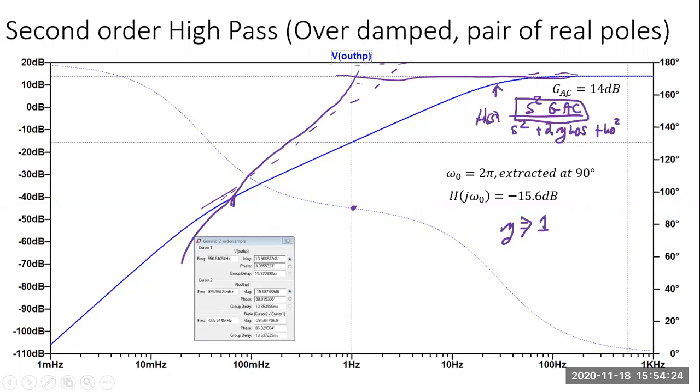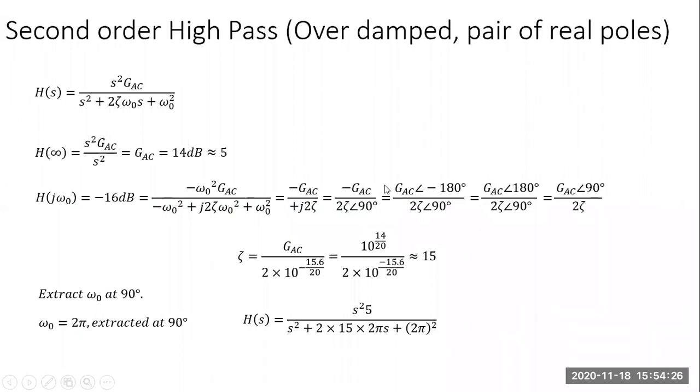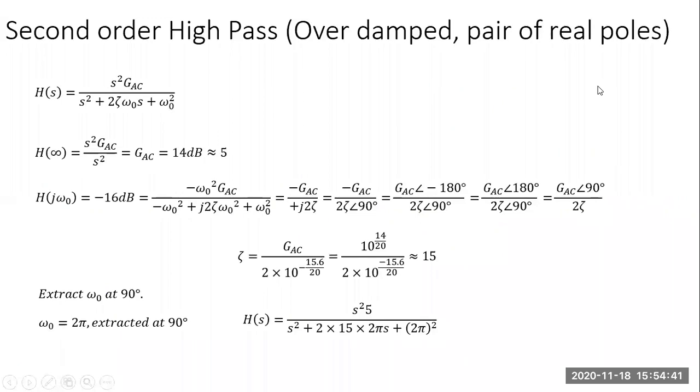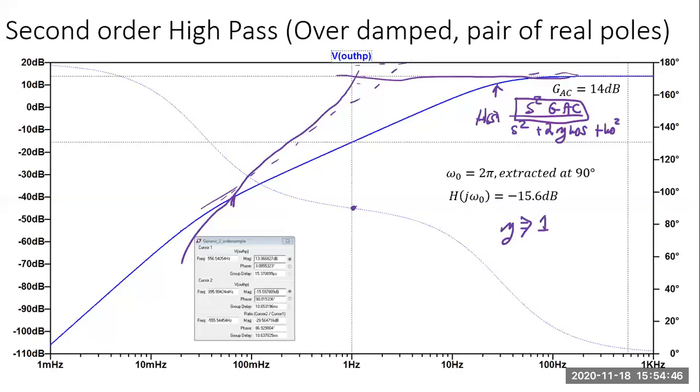Okay, here's where I did the work. When s goes to infinity, that's where we get the high frequency gain. In this case it's 14 dB, or a linear gain of 5.